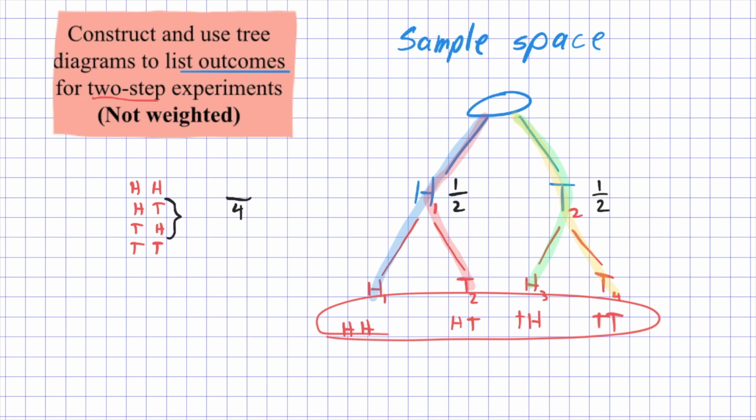And each one is just as equally likely to occur. So we have a 1 in 4 chance of getting any one of these outcomes. Right? So from here, try it yourself this time.